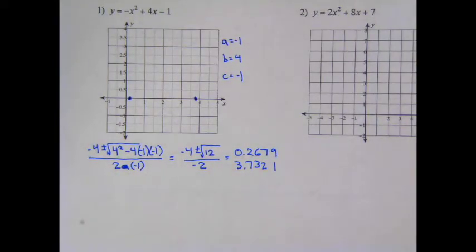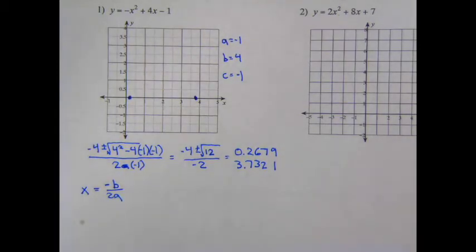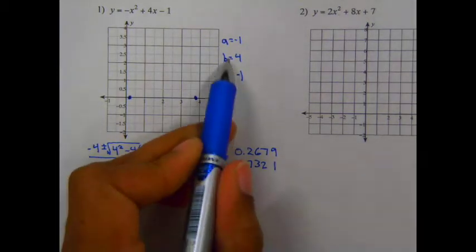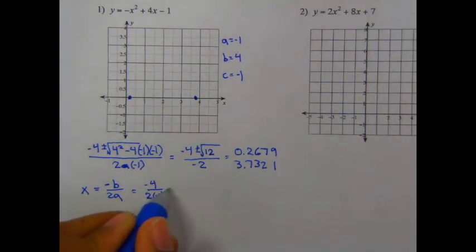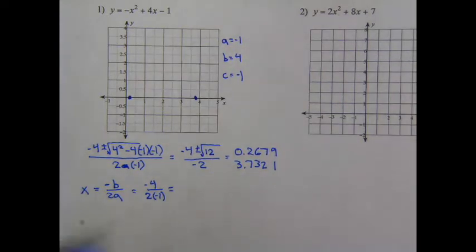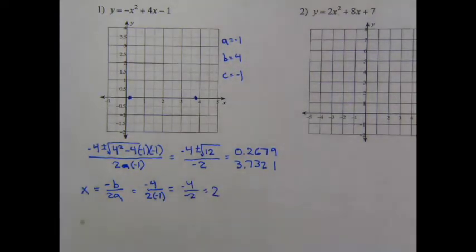The next step is to find the vertex. The vertex is located at the axis of symmetry, at -b over 2a. We use the same a, b, and c, so we have -4 over 2 times -1. That's -4 over -2, which is 2 for the x value.